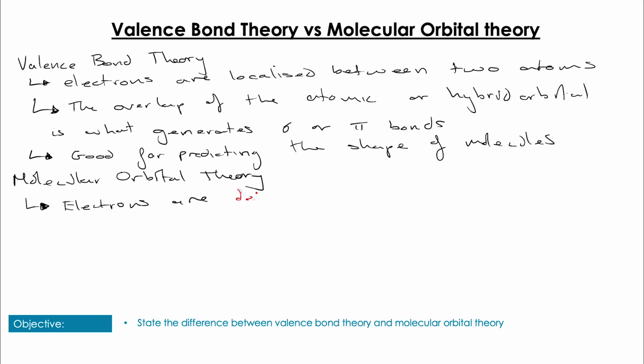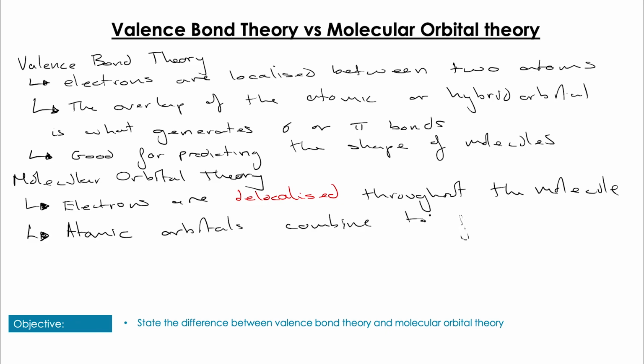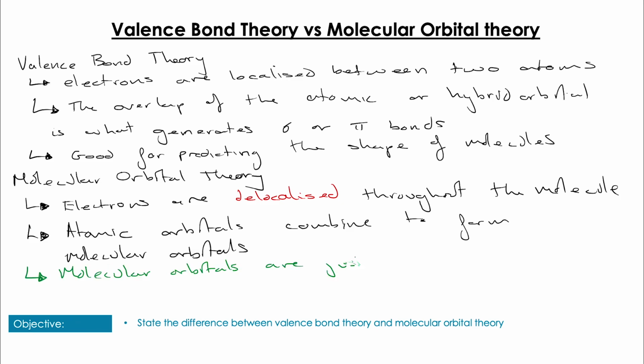Well, it recognizes that electrons are delocalized throughout the molecule and that individual atomic orbitals combine to form molecular orbitals. These orbitals are no different than atomic orbitals. They have specific energy and they contain 2 electrons.